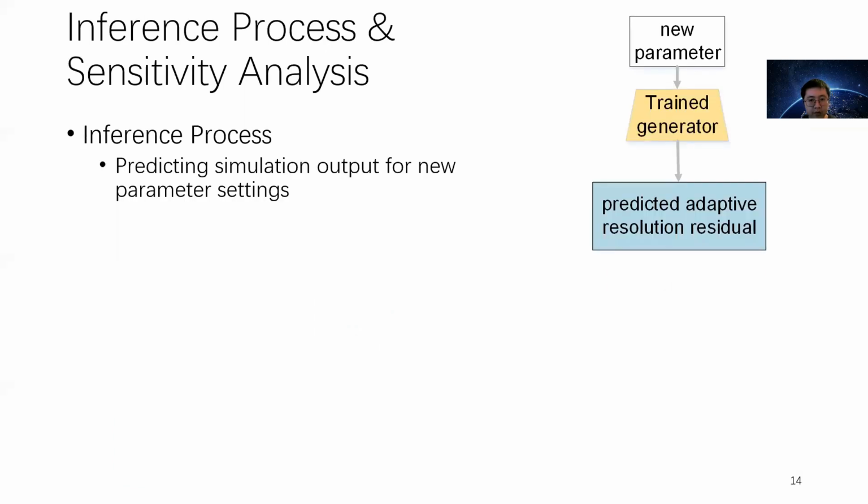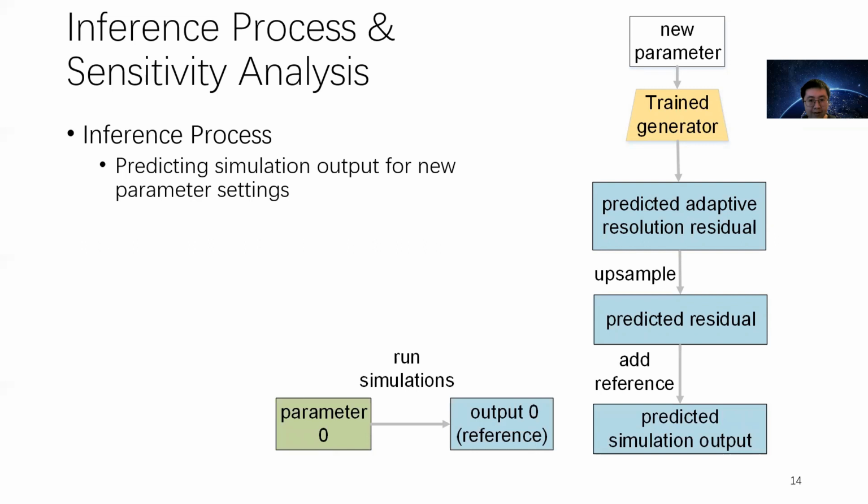In the inference stage, we use GNN-Surrogate to predict the simulation output given new simulation parameters. Here, a new simulation input parameter setting is fed into GNN-Surrogate. After a forward pass, we obtain an adaptive resolution residual. We convert the adaptive resolution residual to a residual with the full resolution by nearest neighbor upsampling.